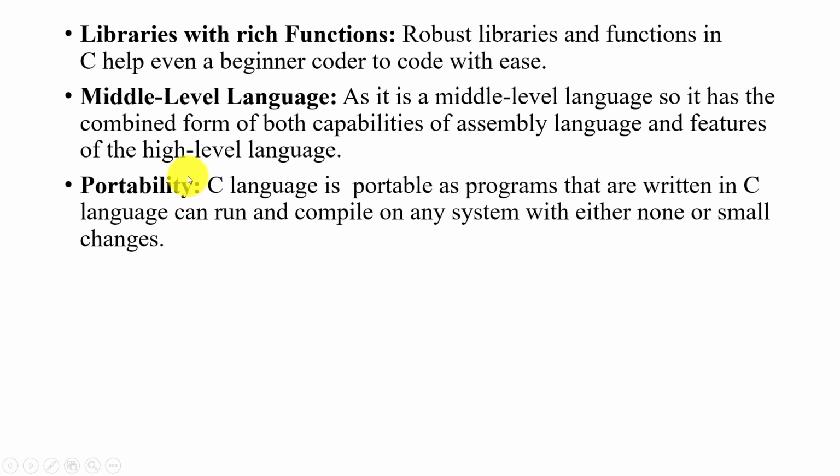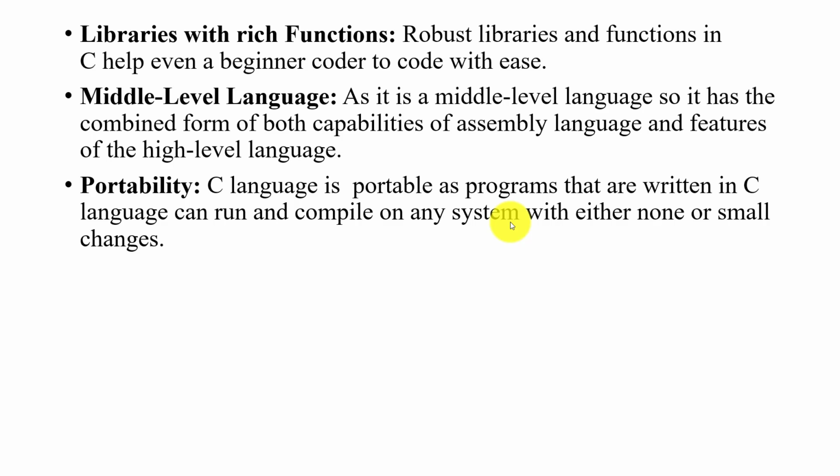Next is portability. What is meant by portability? C language is portable, that is, a C program can be compiled on any system. For example, you can compile it on Windows or on any operating system like Linux, Unix, and C programming can also be implemented on the Android operating system.